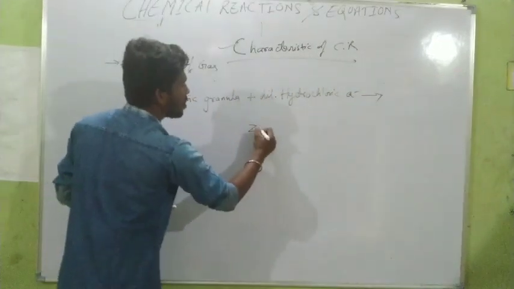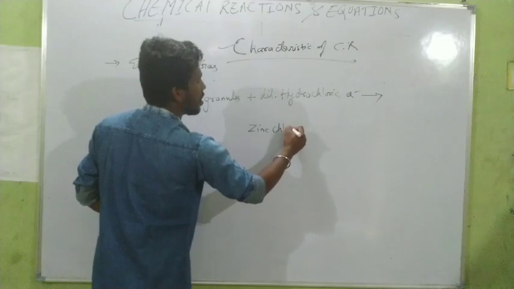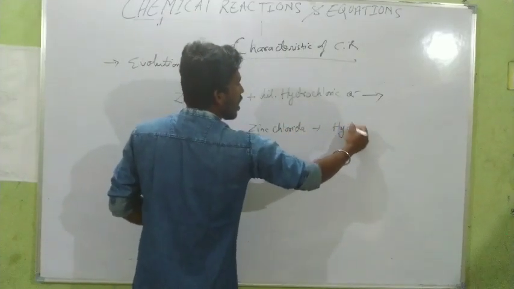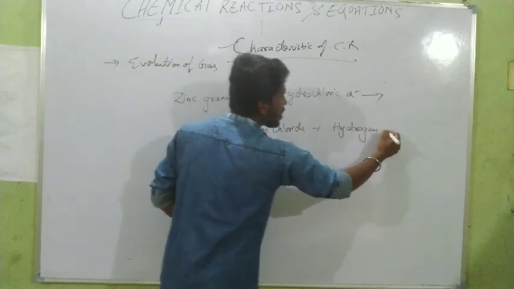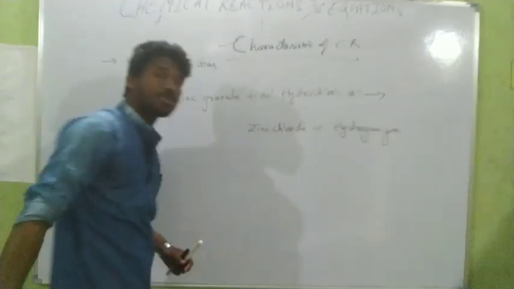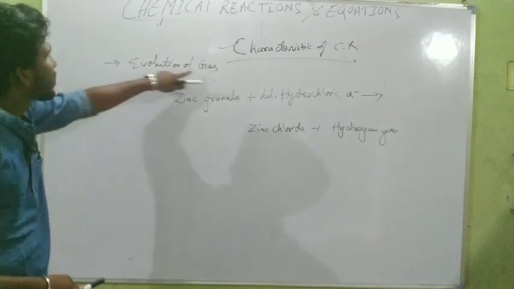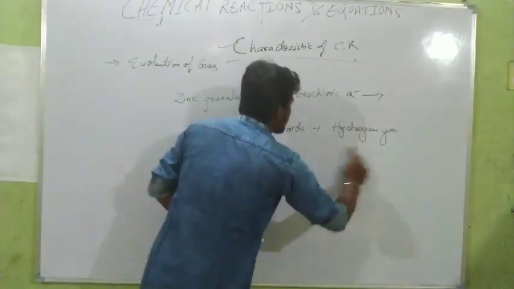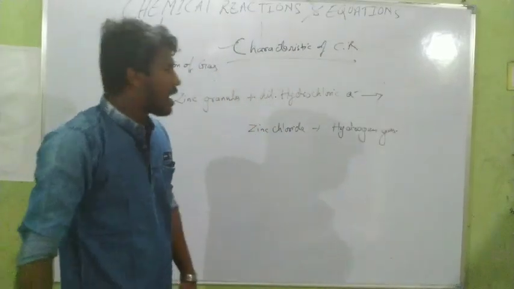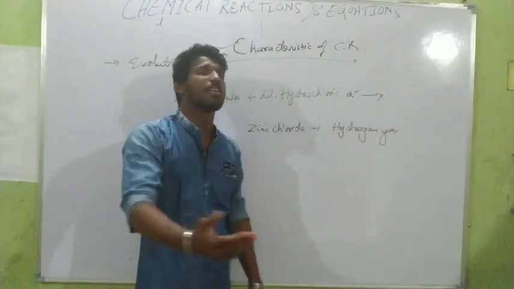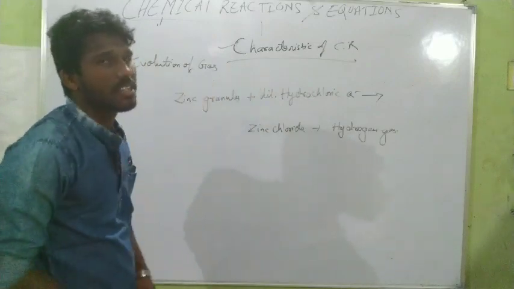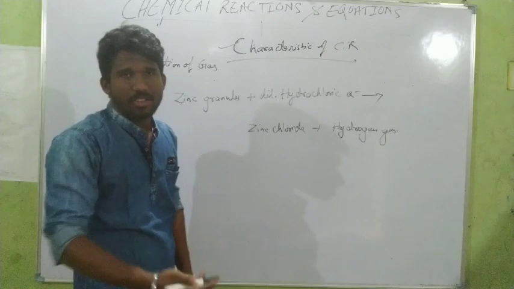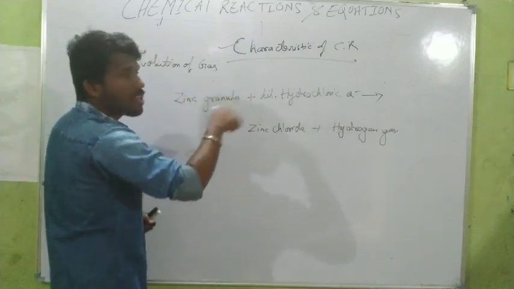Here I am writing down: zinc chloride is produced, and along with that, hydrogen gas is produced. So the topic is evolution of gases, and here is an example where a gas has been evolved. As the gas has been evolved, I can tell you that this reaction has taken place. Wherever you find such equations, you can confirm that a chemical reaction has taken place. I am writing down the formulas.